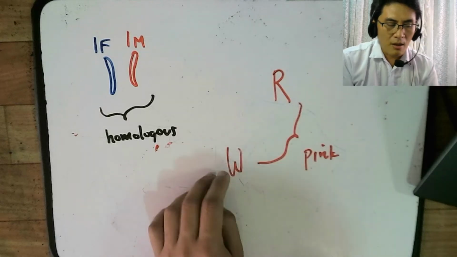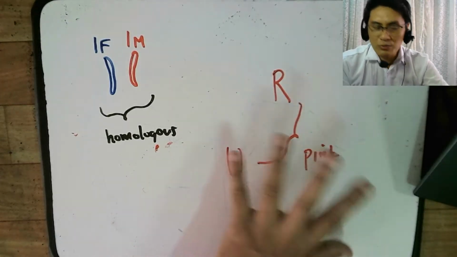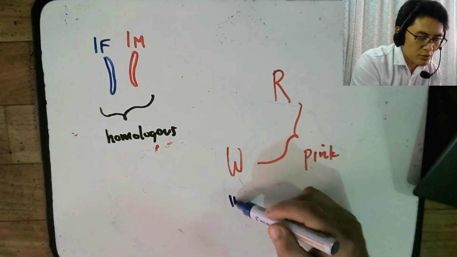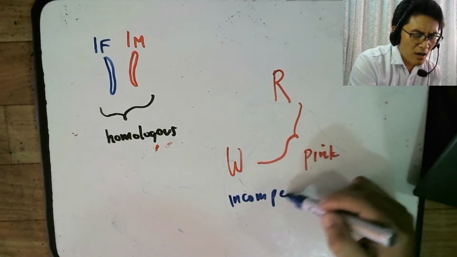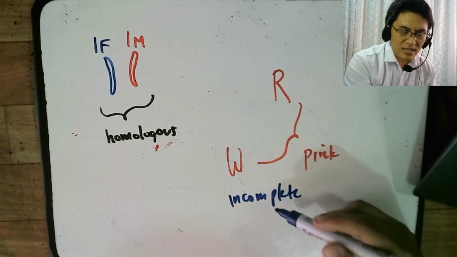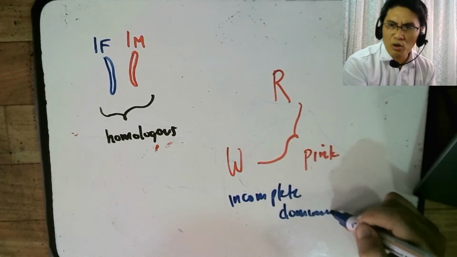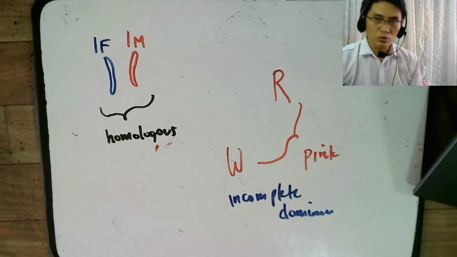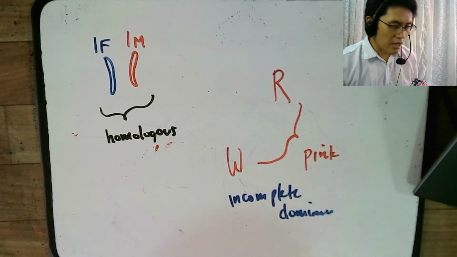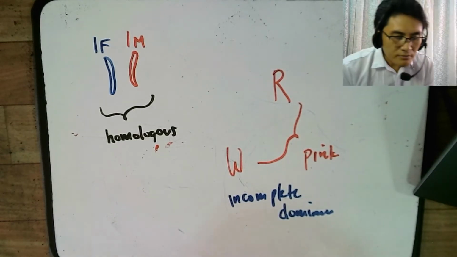A lot of red, but a little bit of white. So that's what we call incomplete dominance, right? I hope this rings a bell, because it's important that you see these connections to our main topic, which is DNA replication.